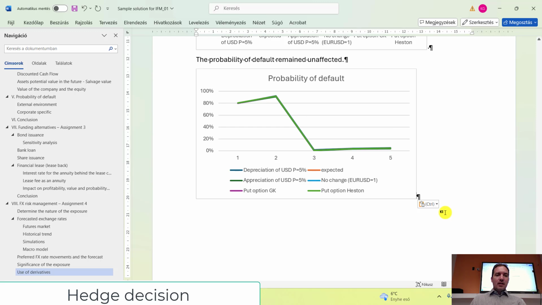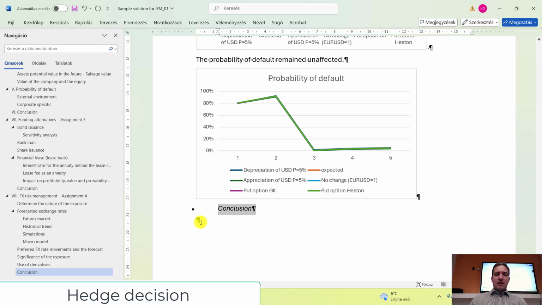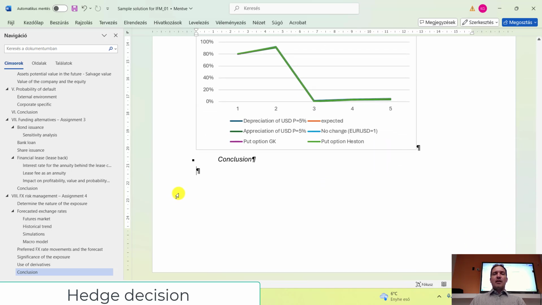Okay, so as conclusion for the case study, we can see that we have the following options: not hedging or total hedging.